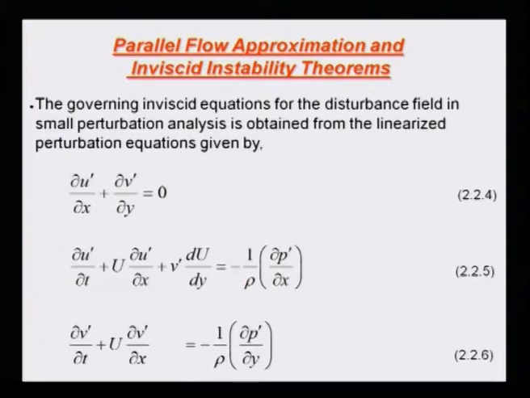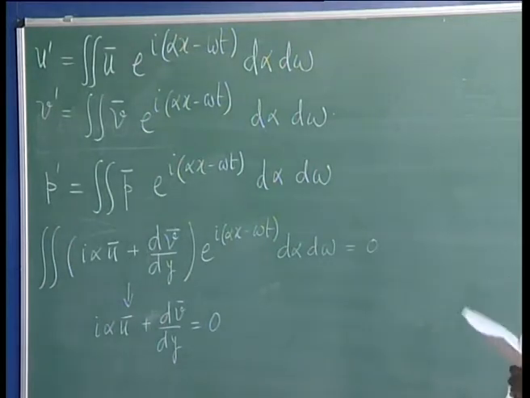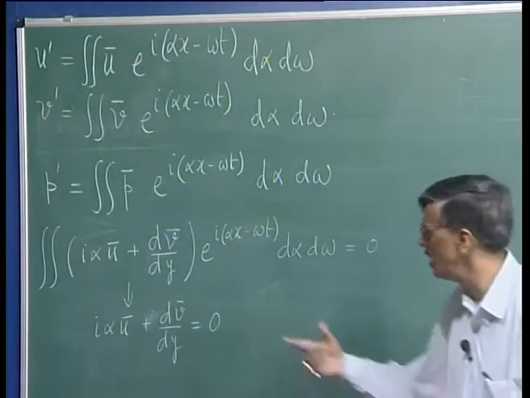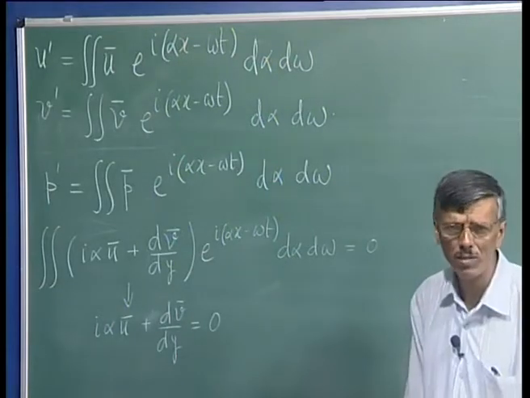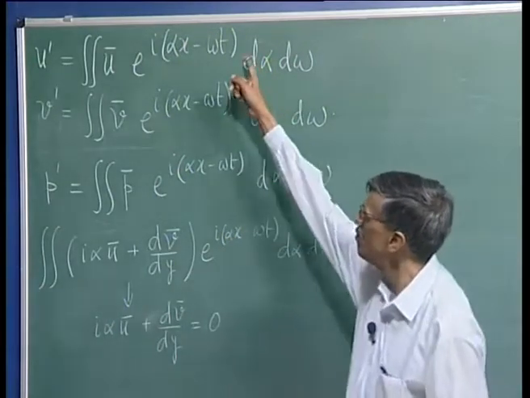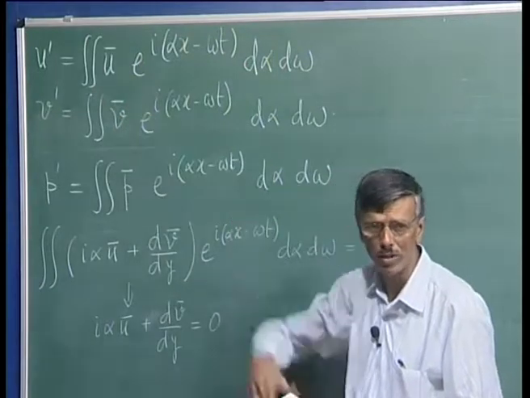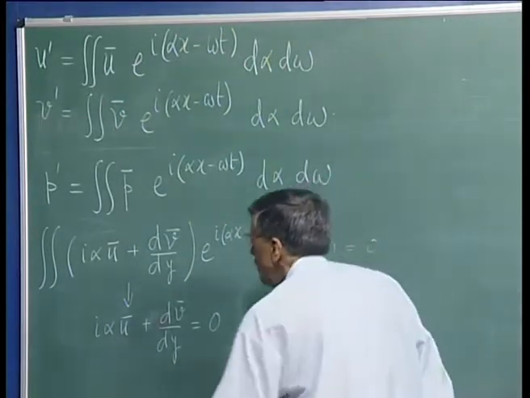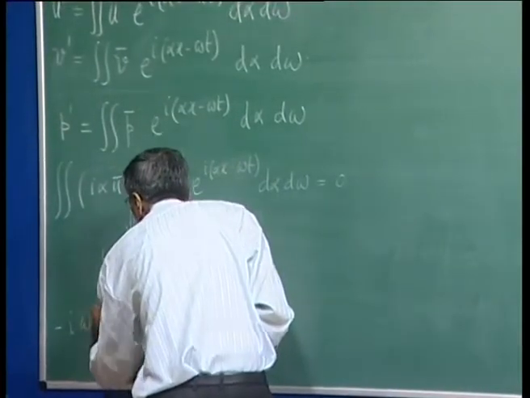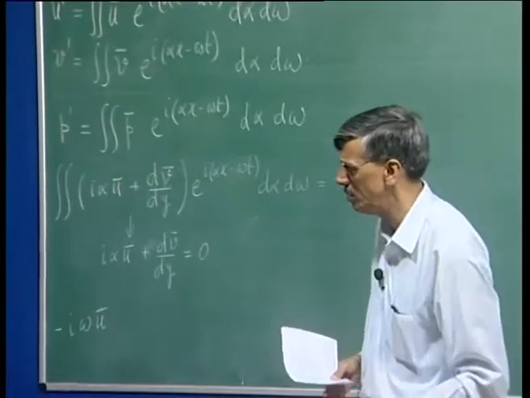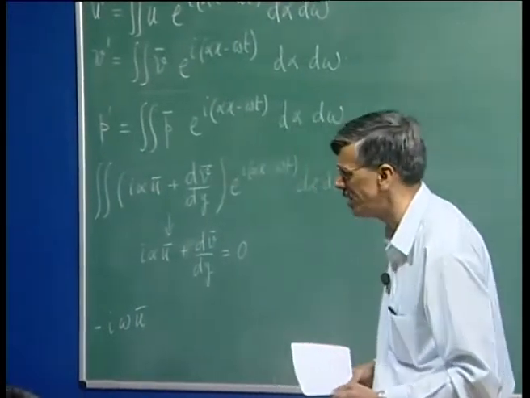From now on, I will just simply be worrying about the kernel of the integral, right? Like this. So del u prime del t will give me what? Minus i omega u bar. That is the first term, del u prime del t.